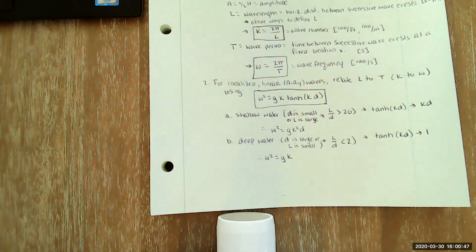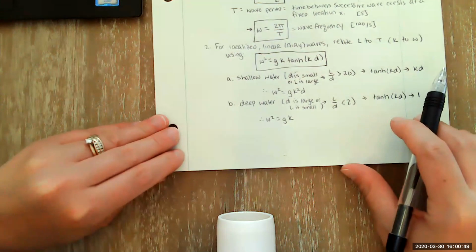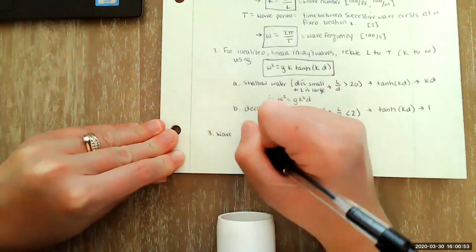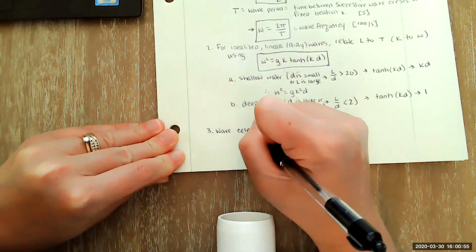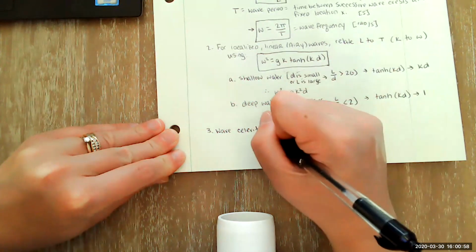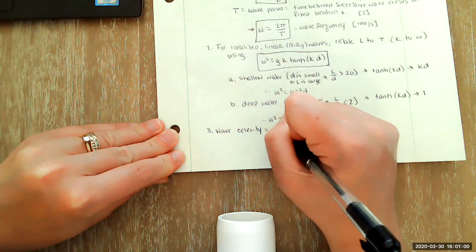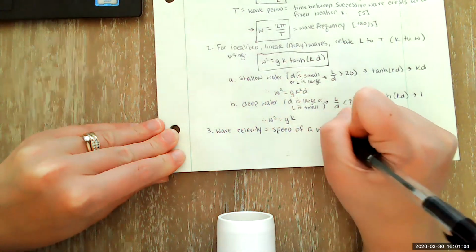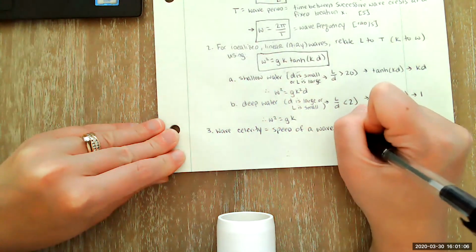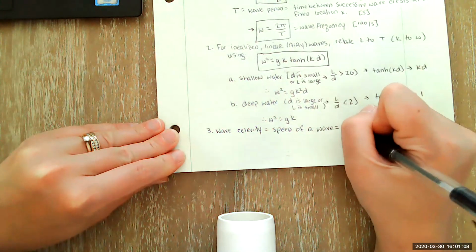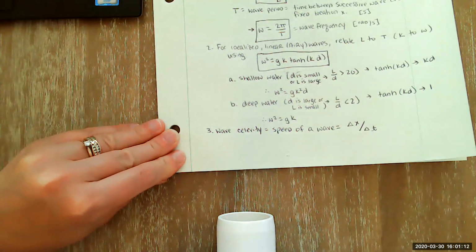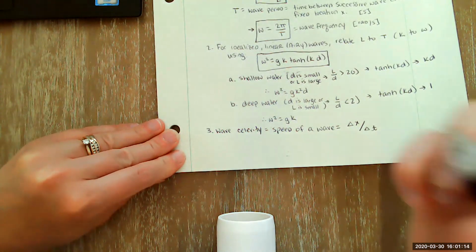Last term to define before we do a quick example is wave celerity. So here we have wave celerity refers to the speed of the wave. And this is equal to the distance I travel, so the change in x, divided by how long it takes the wave to get there, so delta t.